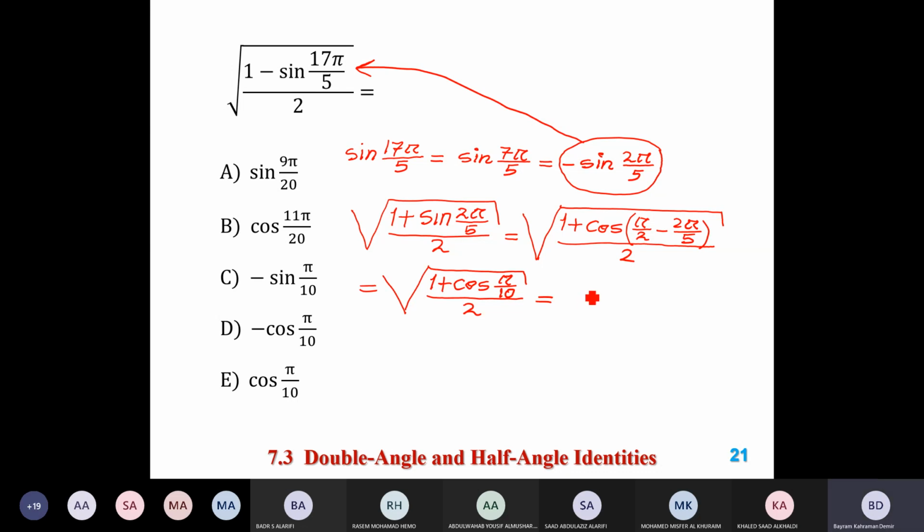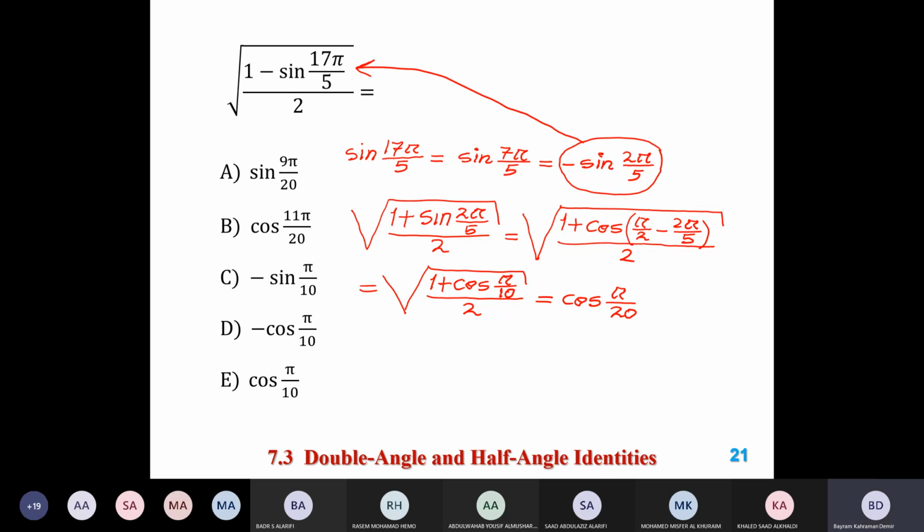So it is cosine of what? Half of pi over 10 is pi over 20.